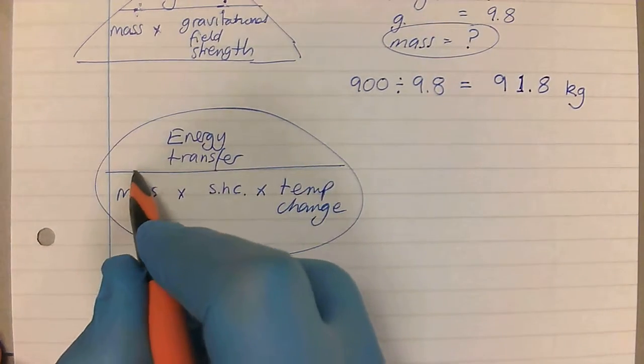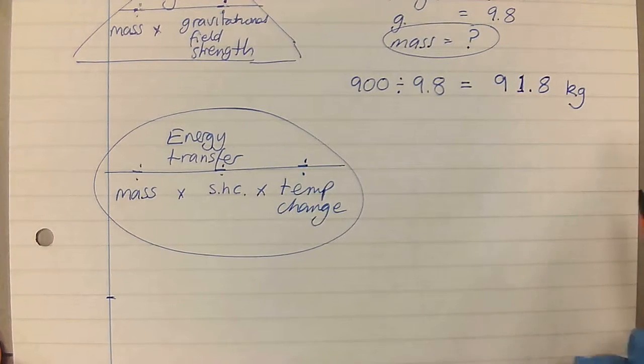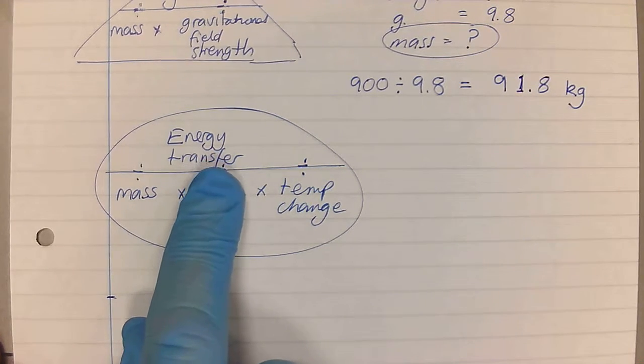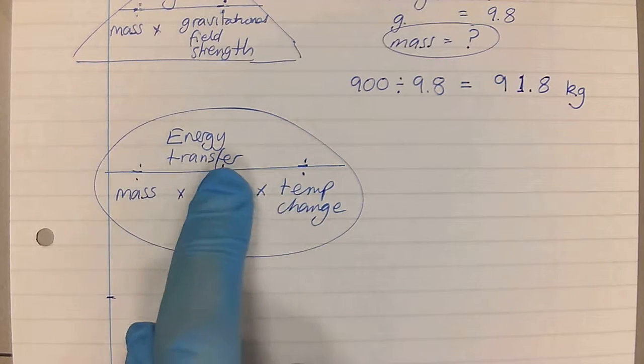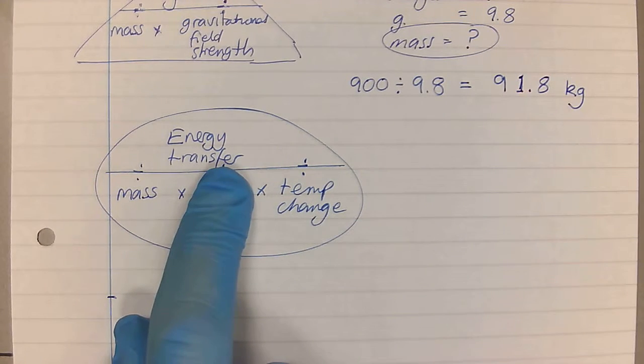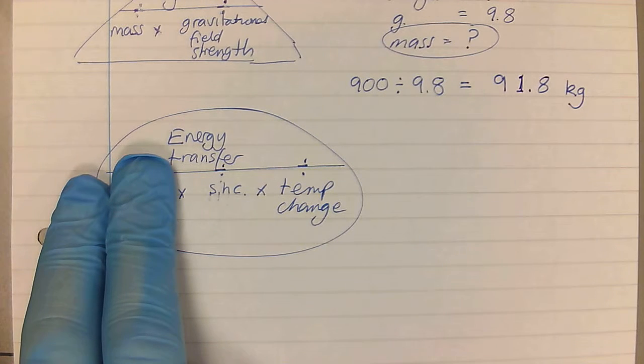Okay, so stick the divide bys in. If you get a question that asks you to work out the specific heat capacity of something, you need to do the energy transfer divided by the mass times the temperature change. If you need to find the mass, energy transfer divided by specific heat capacity times temperature change.